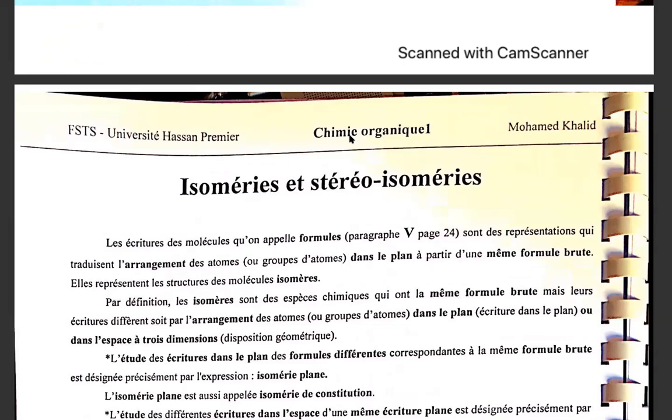Voila. So an isomer is an organic compound that has the same chemical formula, where you have the C2 and all those things, but has a different structure formula.